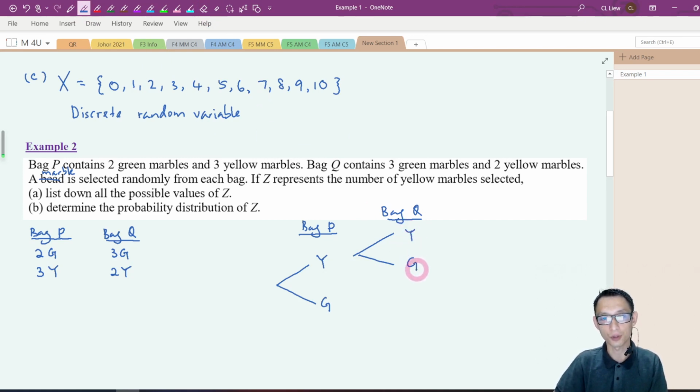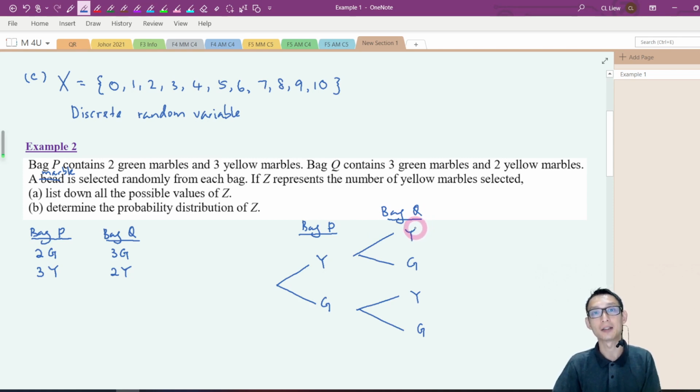Yellow, green, yellow, green. For this branch, yellow, yellow means you get a yellow marble from bag P, and you also get a yellow marble from bag Q. For this one, yellow, green means a yellow marble from bag P and a green marble from bag Q. Okay, these are all the possible outcomes.